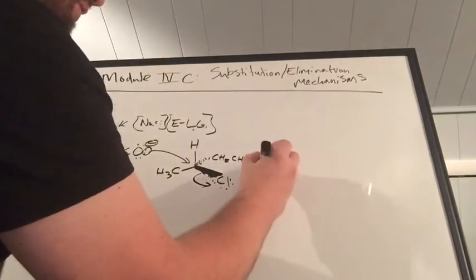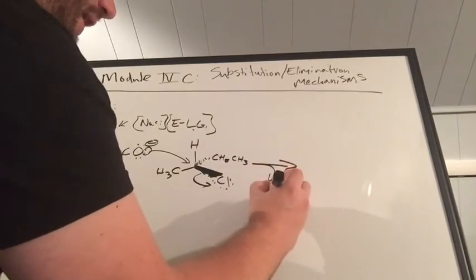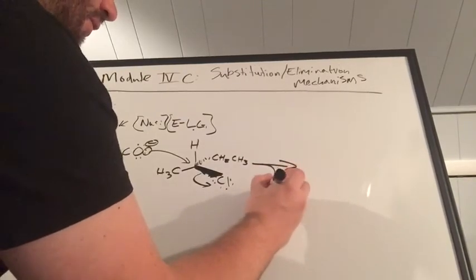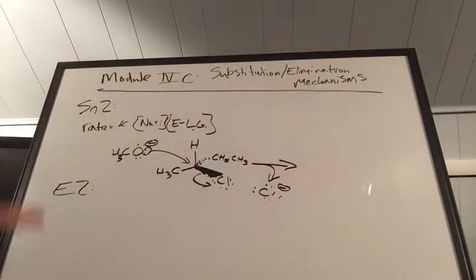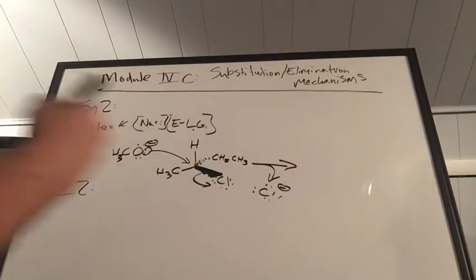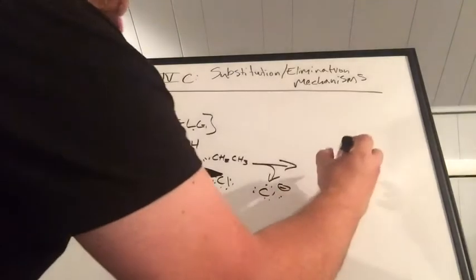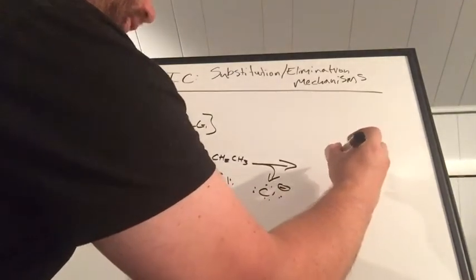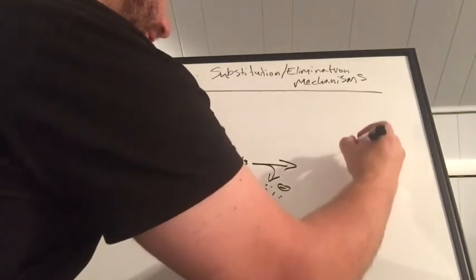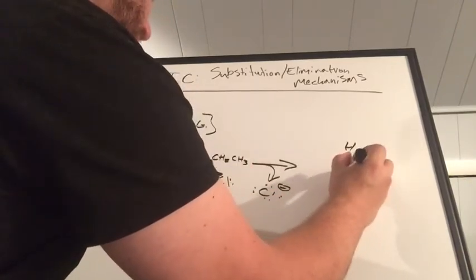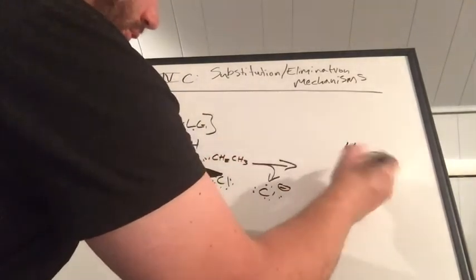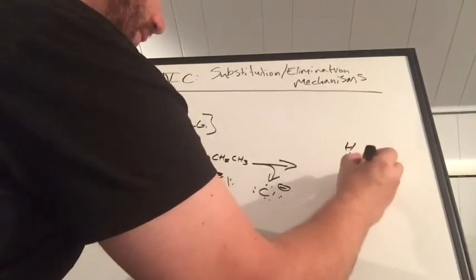Okay, so that chloride anion is going to pop off, right? So it's going to be a stable anion since it's a full octet. And then you're going to have another group here in place of the chloro group, which is going to be your substitution.